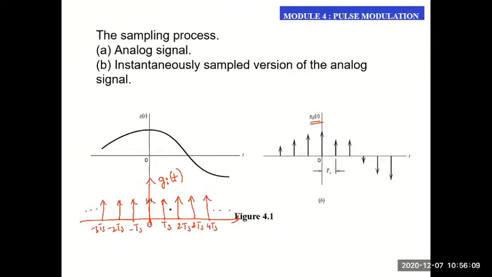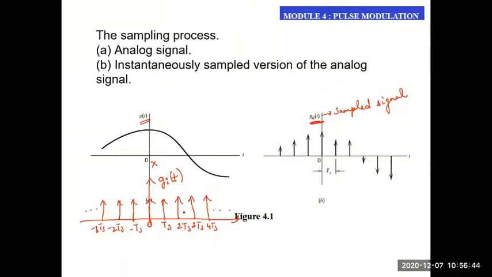Now, if I take this periodic impulse train and multiply it with the given signal g of t, the result I'm going to get is your sampled signal g delta of t. So g delta of t represents the sampled signal, g of t is the given analog signal, and gi of t is a periodic impulse train where we take impulse samples once in every Ts seconds.